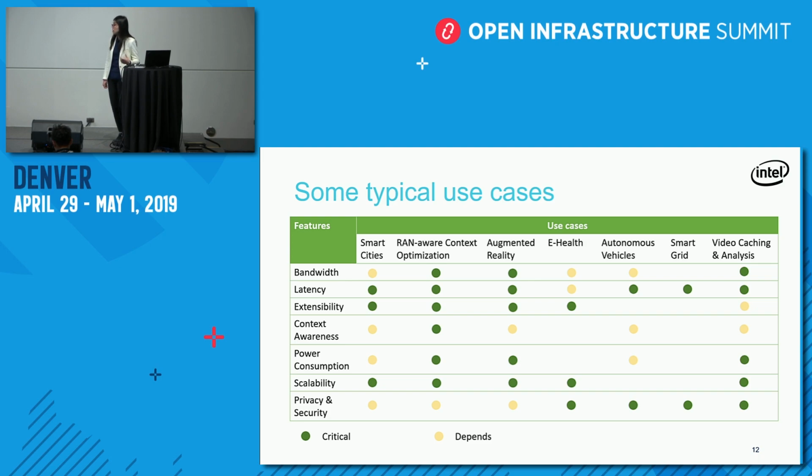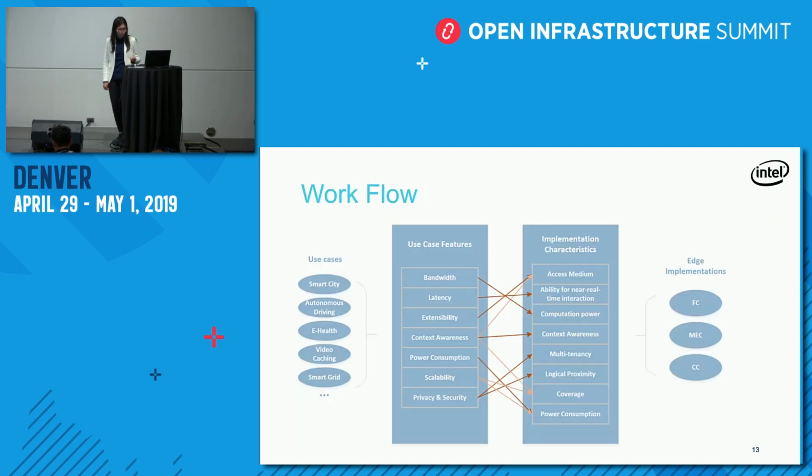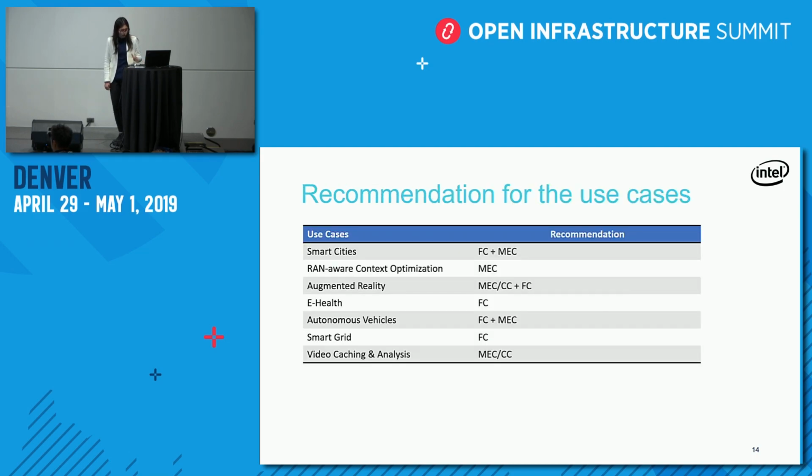After we know these requirements, we're going to use this workflow to find the best edge implementations. We put the use case features inside and find the related implementation characteristics. Then it will tell us what the appropriate edge implementation would be. So for smart cities, as I mentioned, it needs the latency, the scalability, and the extensibility.